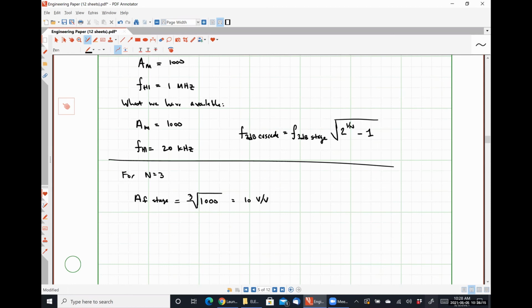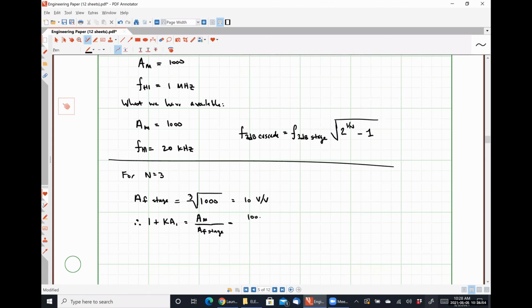Okay? So in order to achieve a gain reduction from 1000 to 10 volts per volt per stage, what is the amount of feedback that we need to apply? Well, we know that 1 plus KA1 is equal to Am over AF, right? And in this case, that's AF stage.